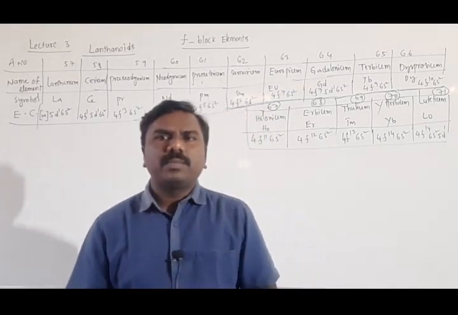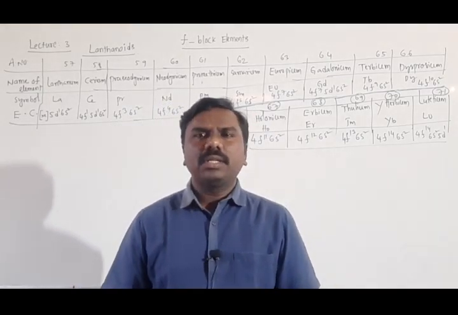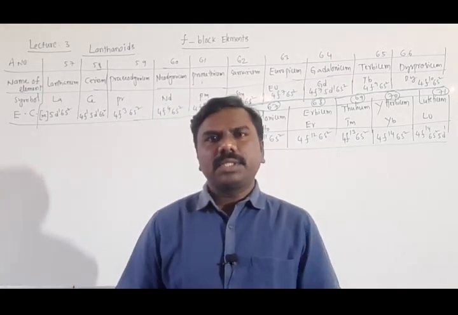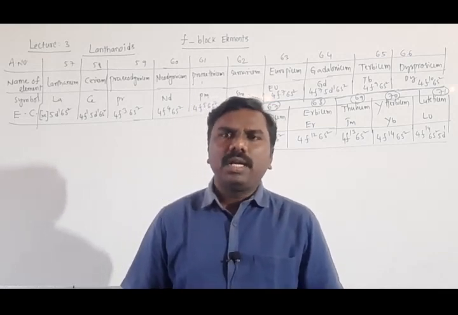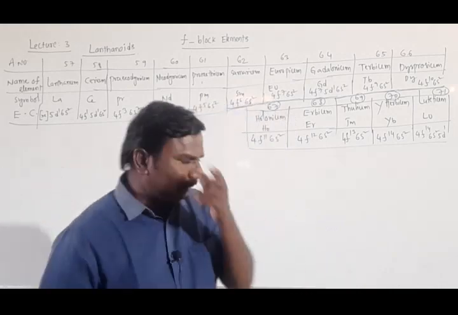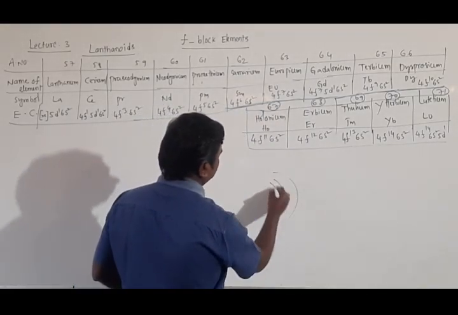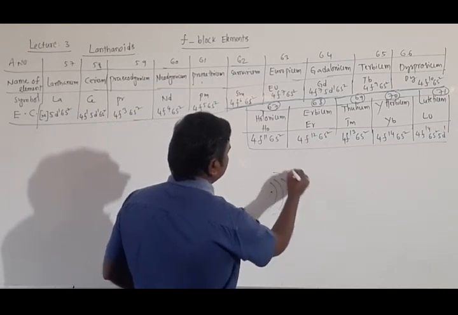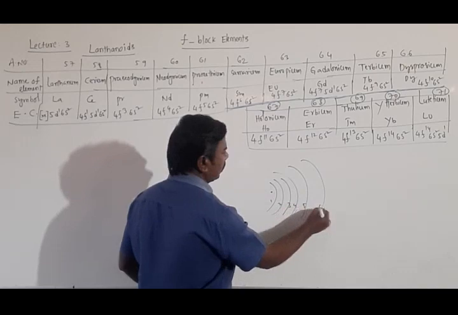F block elements means the differentiating electron enters into the F subshell or n minus 2 shell, also called penultimate shell. For example, fourth shell, fifth shell, sixth shell, 1, 2, 3, 4, 5, 6.